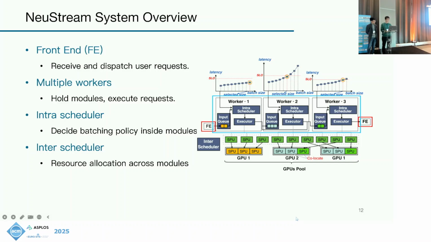So the above figure illustrates the architecture of our work, NeuStream, which consists of four parts: a front end for receiving the user requests, multiple stream workers for executing these requests, an intra-scheduler inside each worker to determine the module-level batching policy, and an inter-scheduler across workers to determine the resource allocation inside our GPU pools.